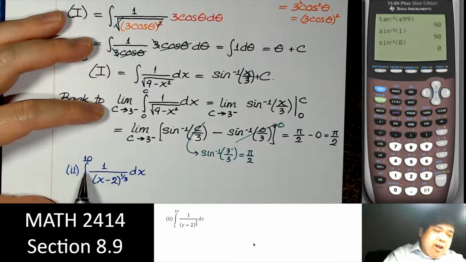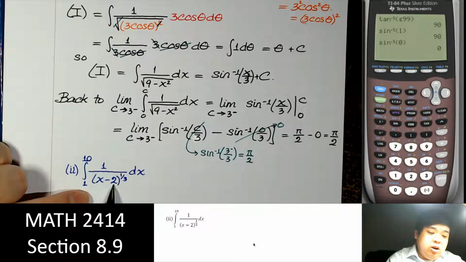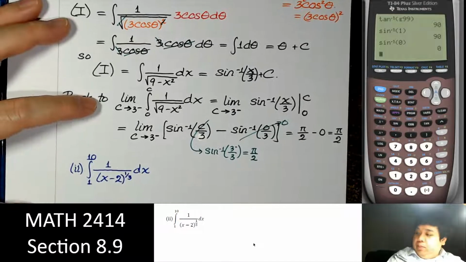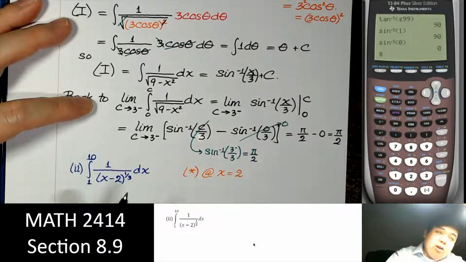From 1 to 10, the only problem is when x equals 2: 2 minus 2 is 0, divided by 0 is undefined. So at x equal to 2, the function is undefined.